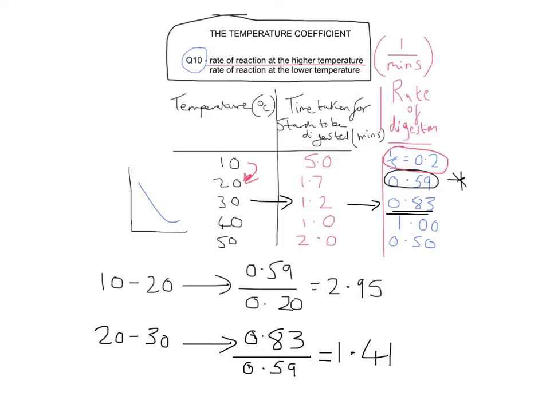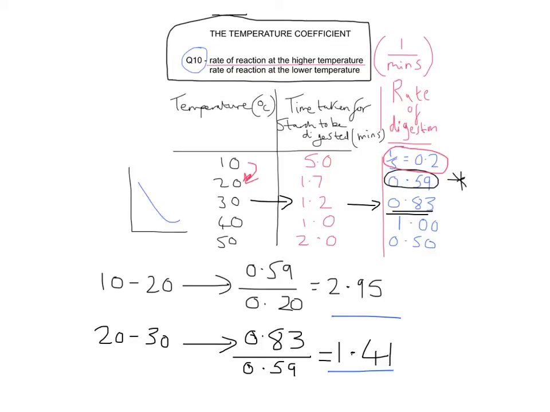Now, the whole purpose of Q10 is to see how a 10 degree rise in temperature affects that rate. So clearly, looking at these two numbers, here and here, this is how it works. The bigger the Q10, the bigger the impact. So going from 10 to 20 degrees has a larger impact on this reaction than going from 20 to 30. And that's it.